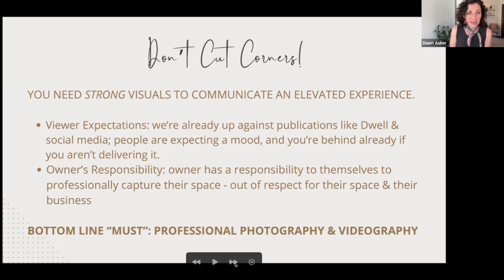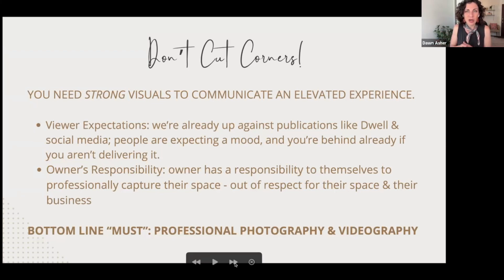Same to that point, we attach this to what you're doing with your photography and videography. Already, there are viewer expectations. We are in an age where viewers are scrolling, and they're already looking for that quality photography, those quality images, because it feels more real to them, right?